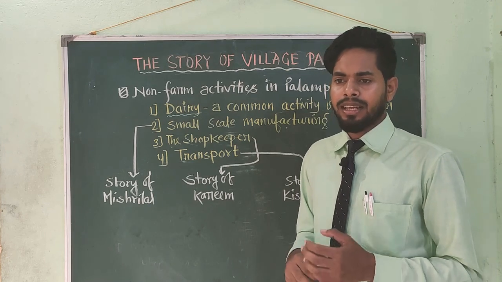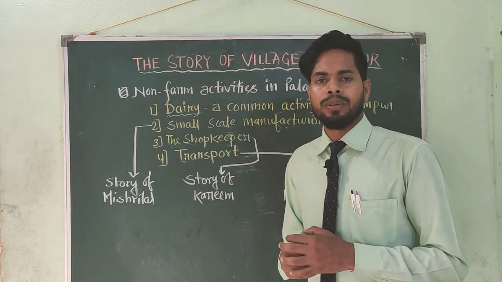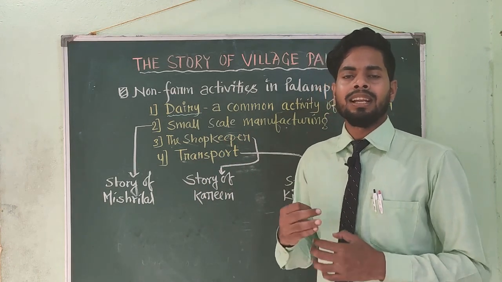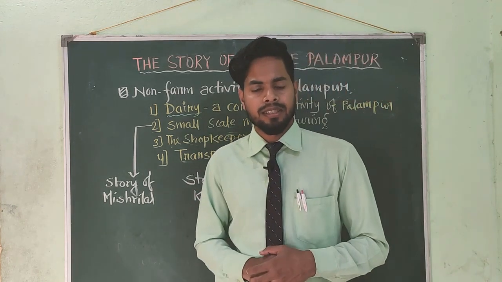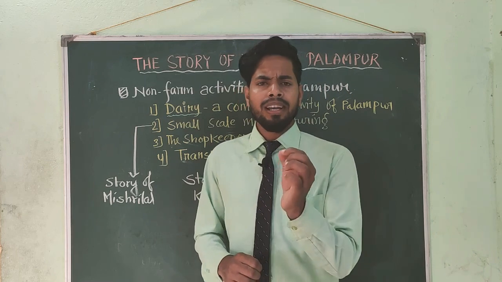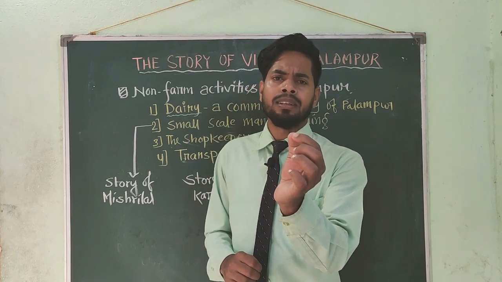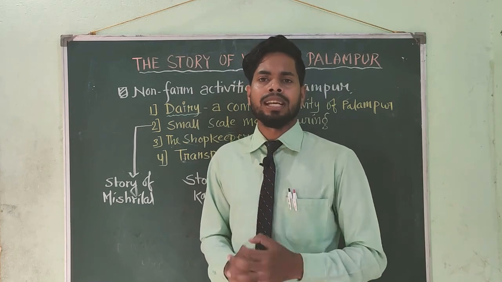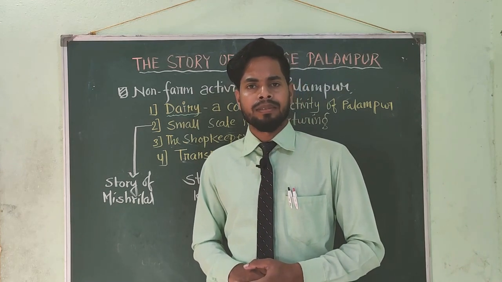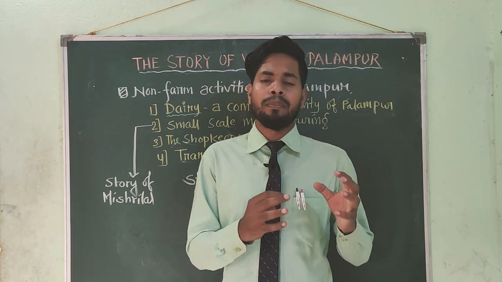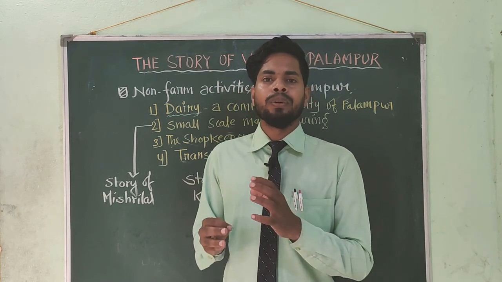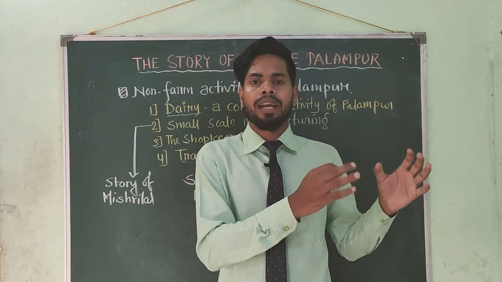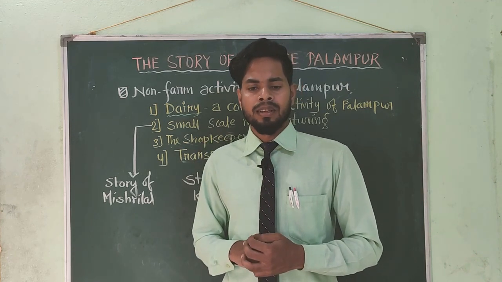So the next non-farm activity we are going to discuss is an example of small scale manufacturing industries. Only 50 people work in small scale manufacturing industry. But some people of Palampur go to a big factory located in another town or city.